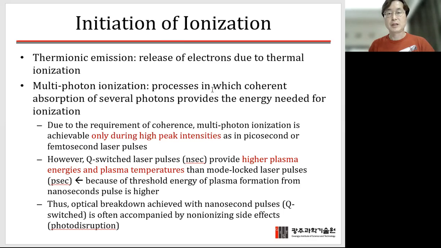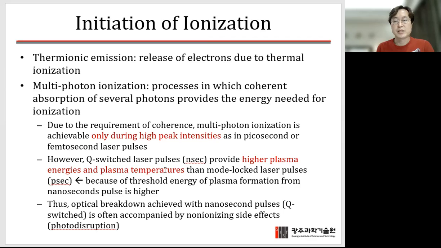In that case, it can provide energy which is enough for making an atom ionized. Due to the requirement of coherence, this multiphoton ionization can be achieved only during high peak intensities, as in a picosecond or femtosecond laser pulse.